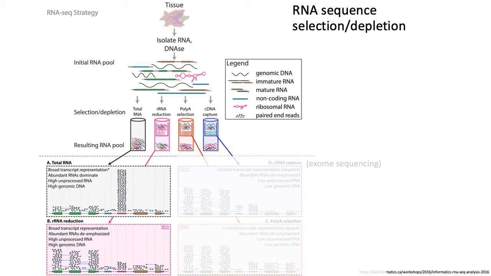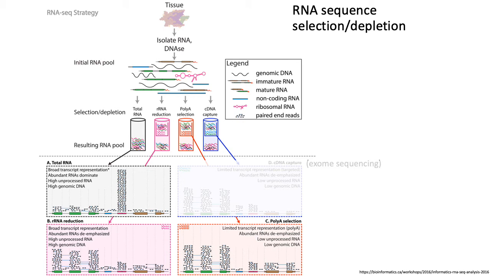And so again, depleting ribosomal RNA means that you're still left with a lot of RNAs that are going to map to, for example, mitochondrial genes, and you're also left with a lot of non-coding RNA that are not ribosomal, for example.